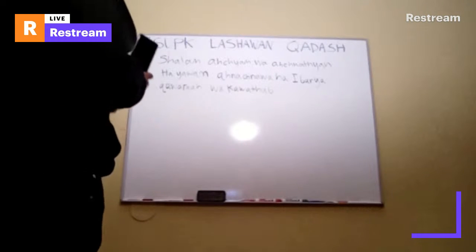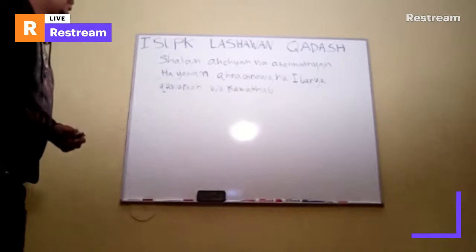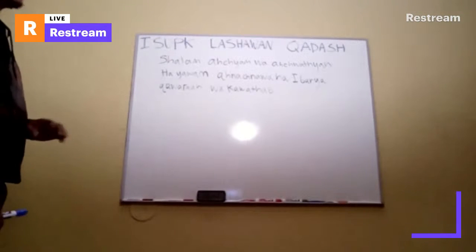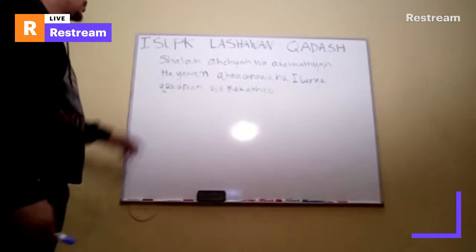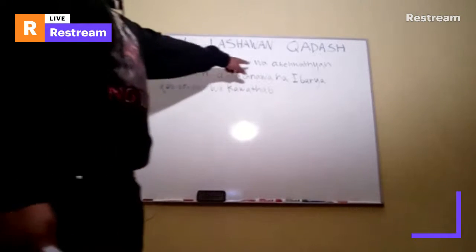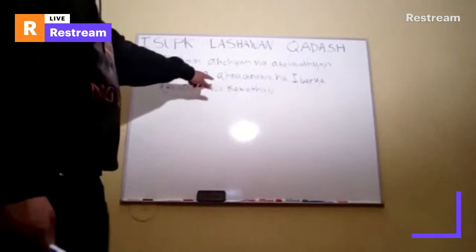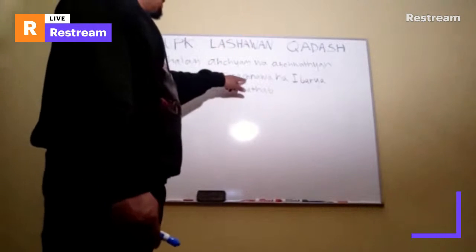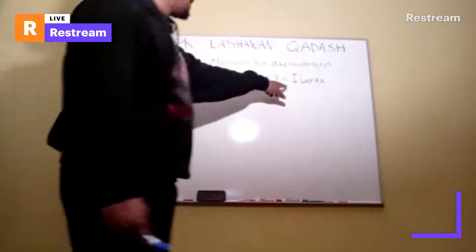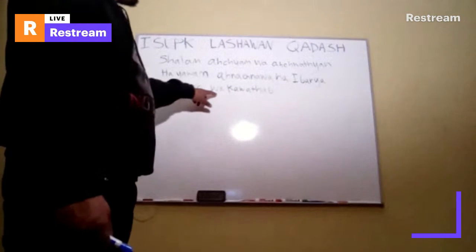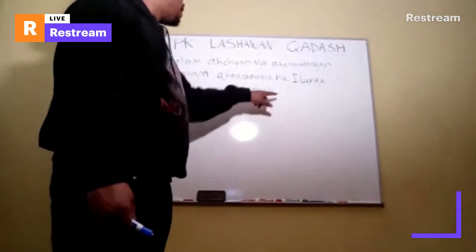Okay. As y'all can see, I put a sentence up here. I'm going to read it in the Hebrew, and I'm going to explain what it means in English. Shalom Akim, Wa Atwakian, Ha Yawan, Anat Nawa, Ha Iboria, Wa Ra'ah, Wa Kawatha.